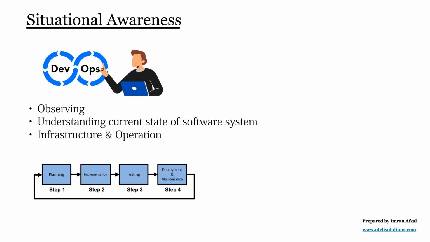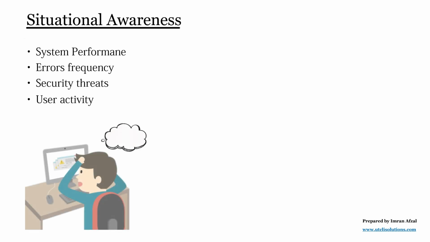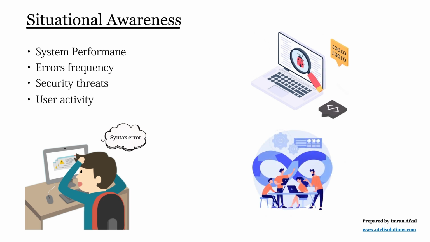It includes other different elements like system performance, error frequency, security threats, user activity, and other related information. This awareness is really crucial for spotting errors, detecting potential risk, and making informed decisions for the consistent reliability and performance of an application.